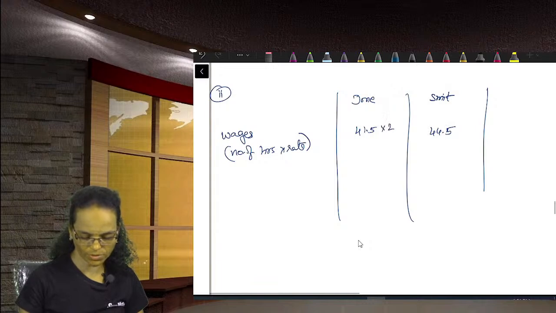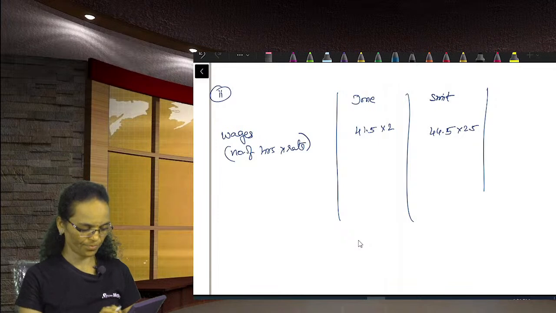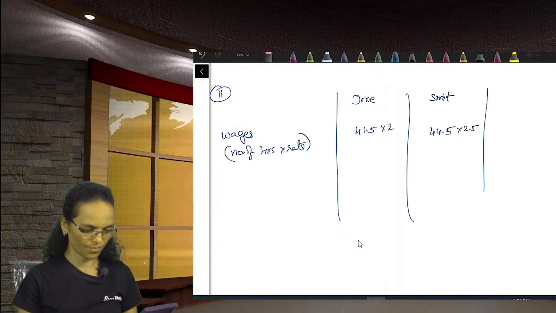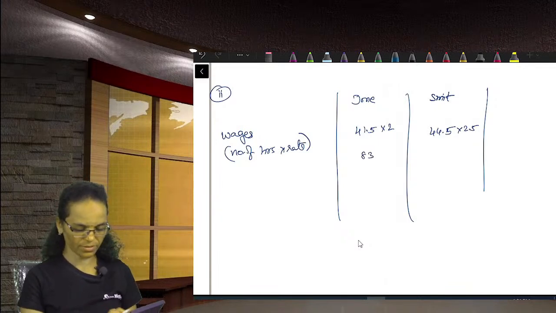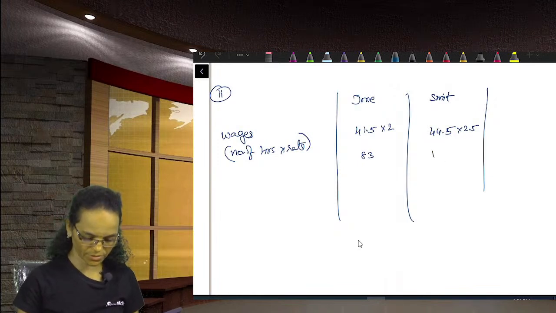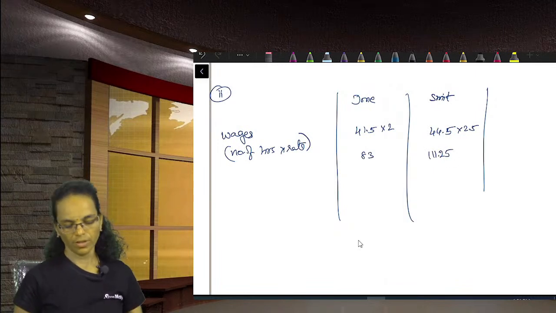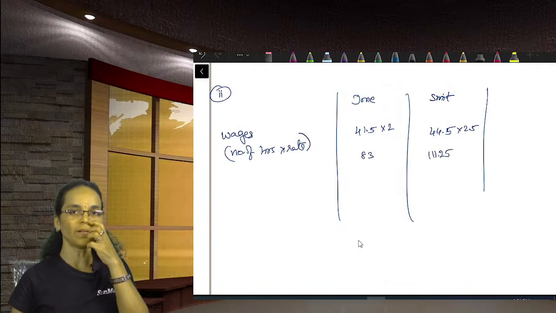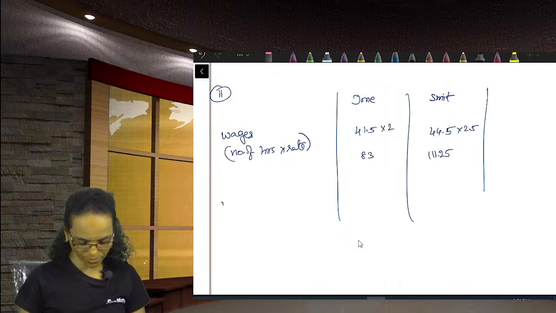His rate is 2, his rate is 2.5. That is 83 rupees, and 44.5 into 2.5 is 111.25.